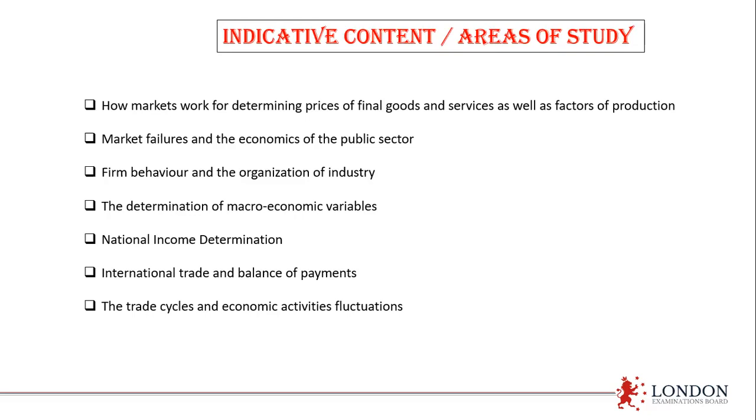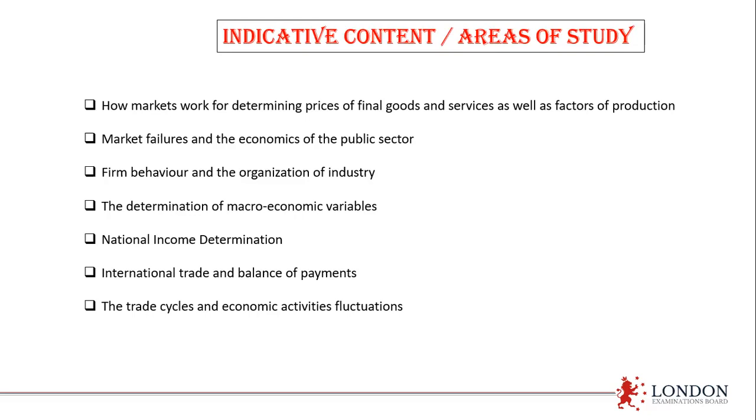All these things you're going to learn. Then international trade and balance of payments. This is another important aspect of economics, whereby there is always trade between two countries, and trade and balance of payments, (COB) is famous, known for this.